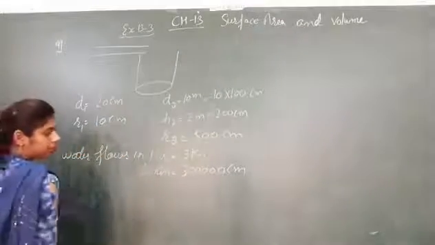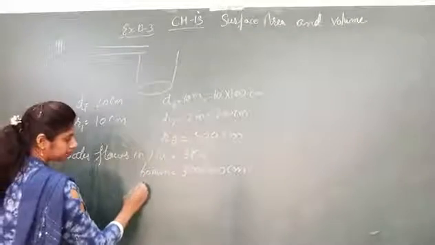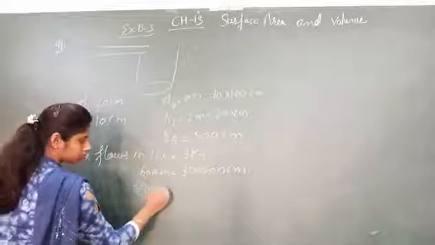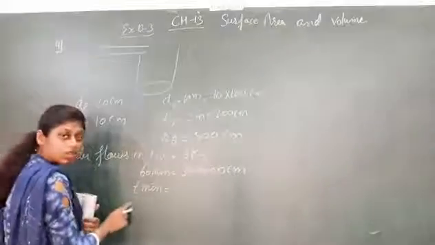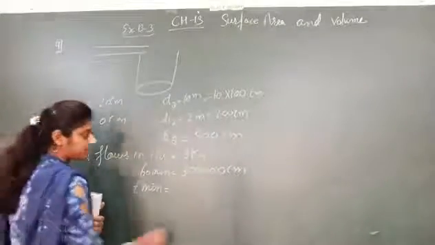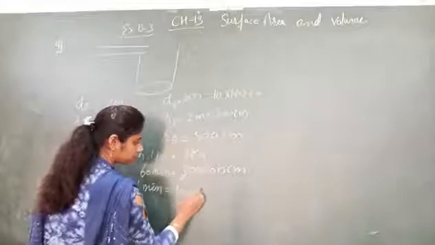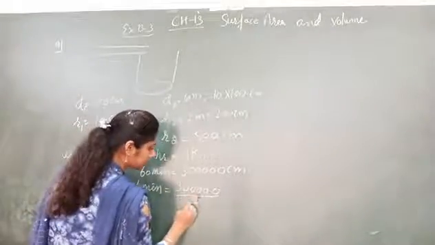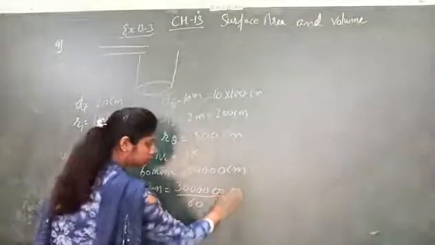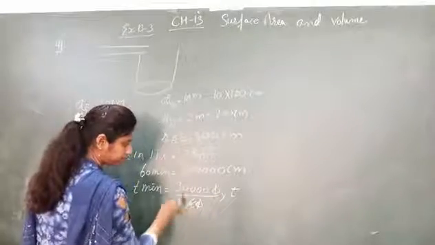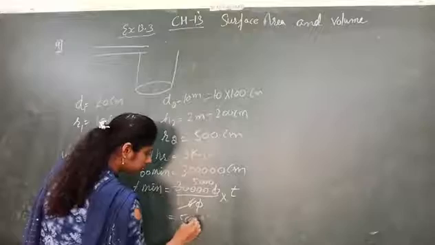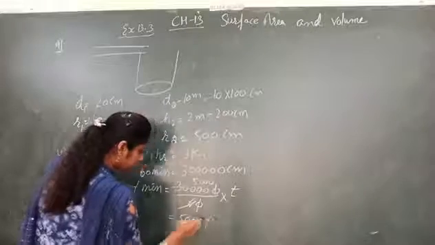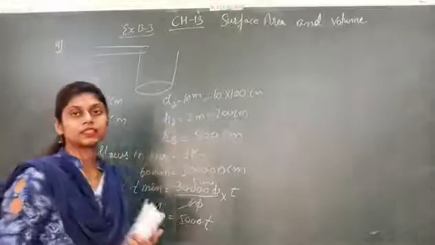Then we have to find in T minutes. Because time is not given, we consider T time. So 300000 upon 60 into T, so 5000 into T. So this is your length.